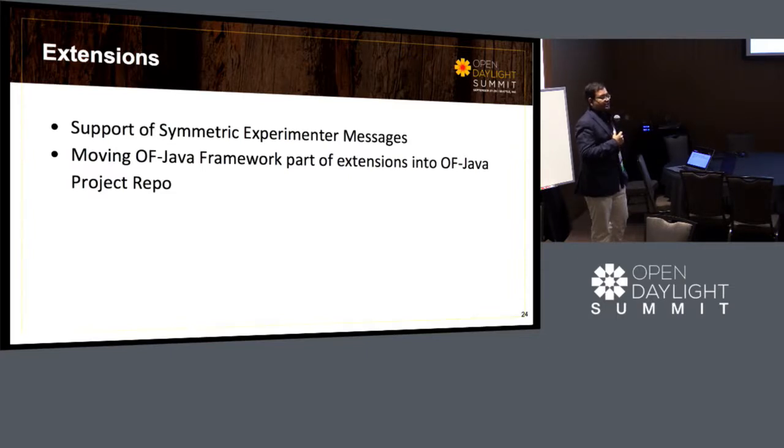It was discussed that it's a bit ugly to have the Java bindings within the plugin. So it's better if we could move part of that binding for the extensions into the OF Java project repository. It might not be easy to start off with, but it would definitely make the plugin and the framework much more usable in the coming days.